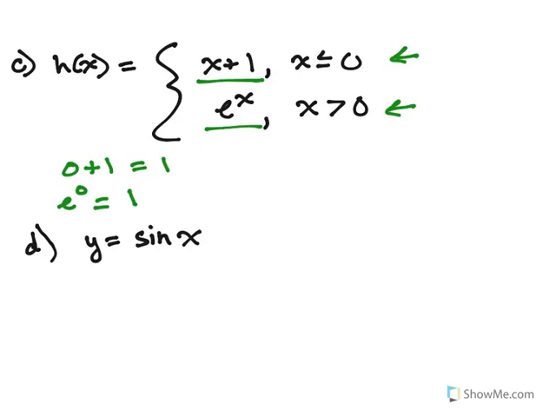So I have a line, and then where it changes to the exponential, they meet up. So this thing's continuous everywhere, or from negative infinity to infinity.